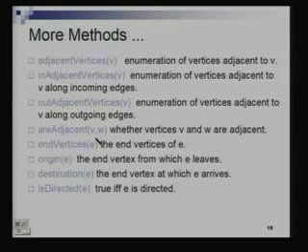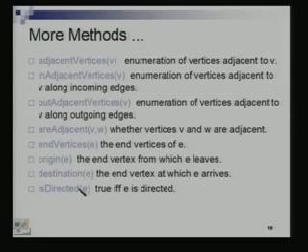So, this would return a Boolean value. End vertices, given an edge, will return the two endpoints of that edge. Origin, for a directed edge E, would return where the edge is starting from. Destination, for a directed edge E, would return where the edge E is ending.